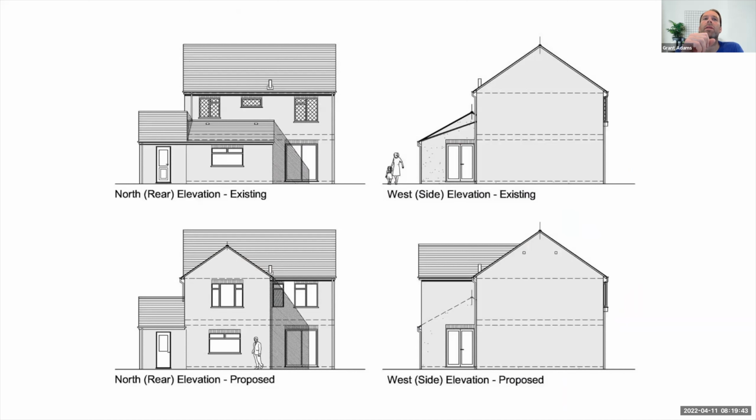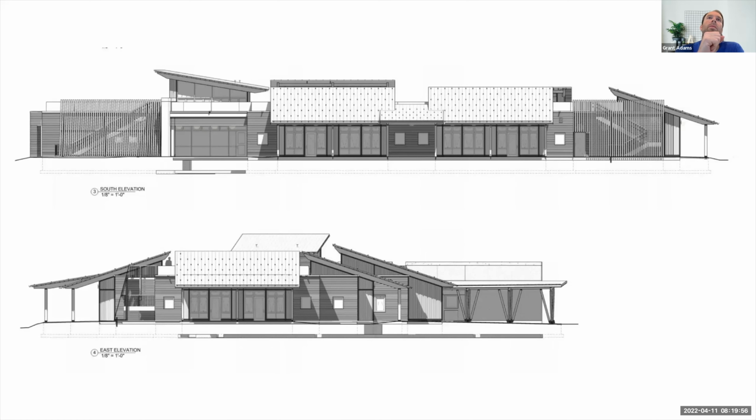Another example of an elevation view. Again, these are computer drawn. A few more elevations. A little bit more invested in this, a lot more roof lines and what have you to take into account in these elevations.